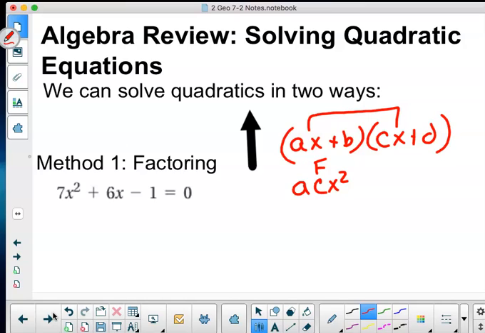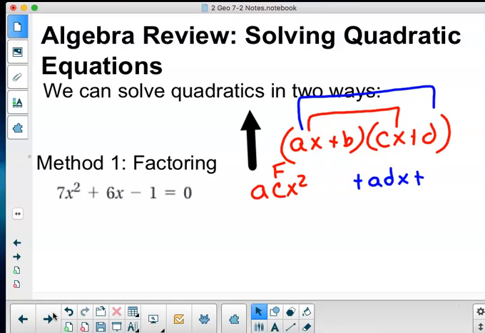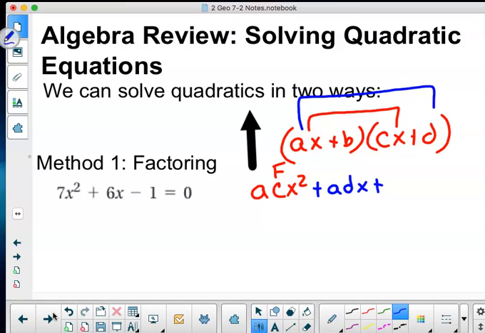Then my outsides, plus ad x, and my insides, plus bc x, and my last, which is bd.